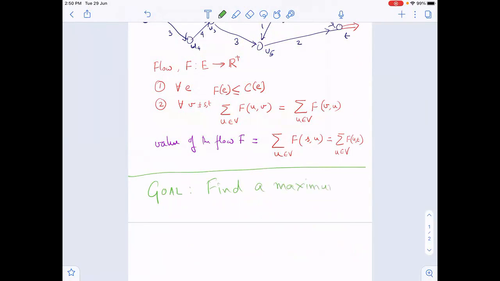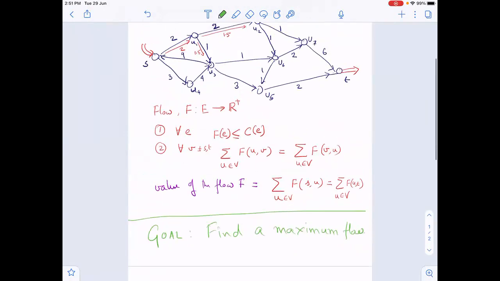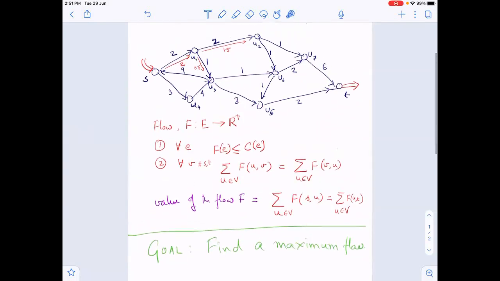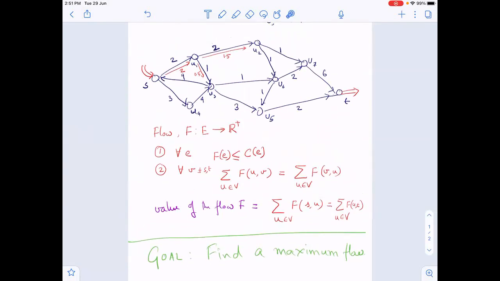Why I am saying a maximum flow is because there might be more than one flow that achieves the same value. I can pass a particular amount from here along this route, and I can also pass the same amount along this route. So there might be multiple flows that give the same value.